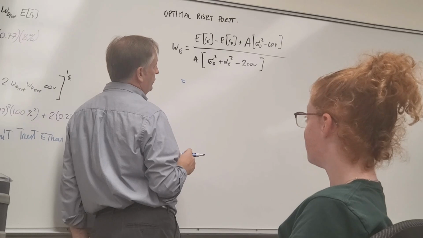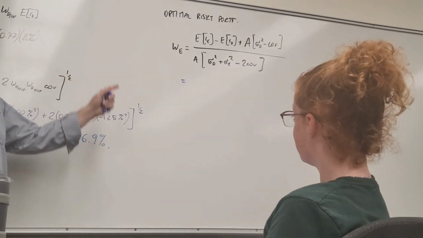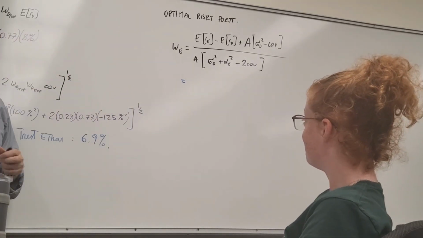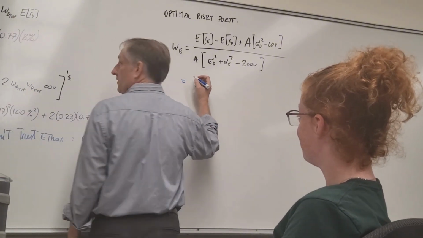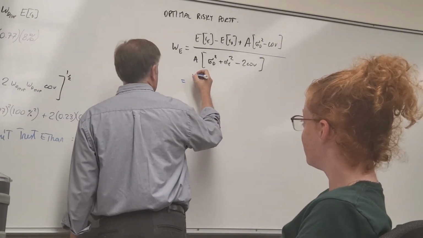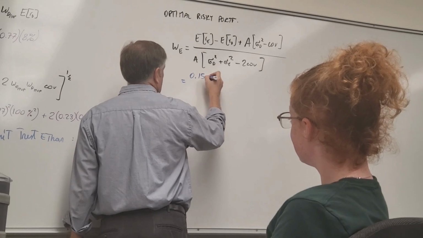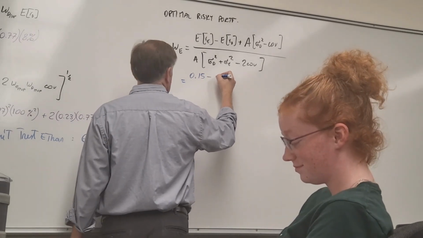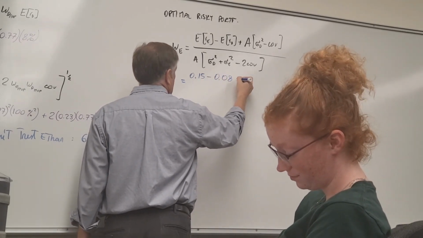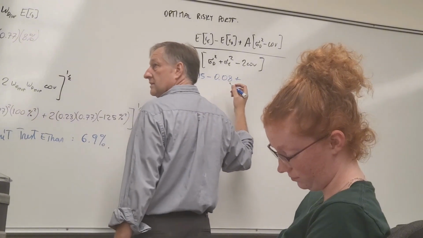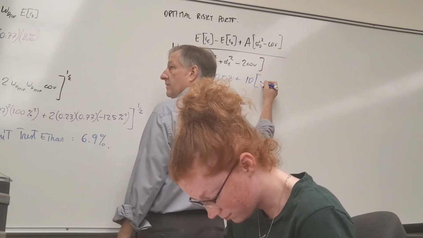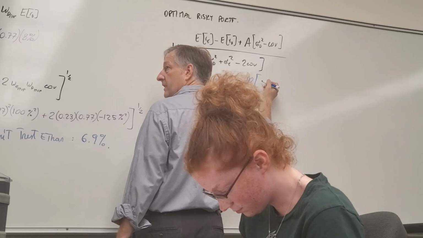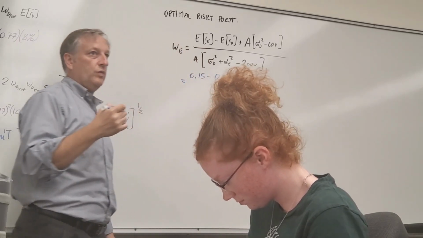This one I would do in decimal form because I don't remember how the units of A are calculated. So the expected return of E is 0.15 minus 0.08 plus A is 10 for this guy. Sigma D is 100, so it's 0.1 squared is 0.01.